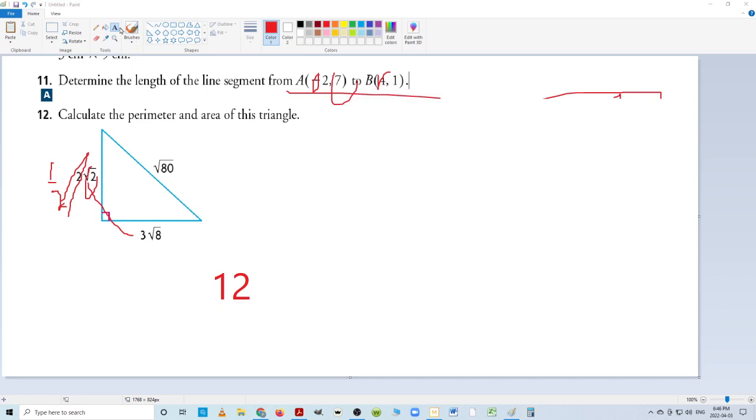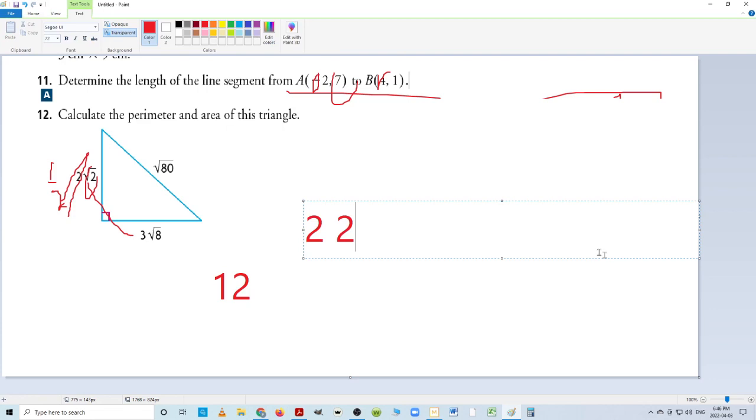And then the perimeter, you have to add them all up together. 2 plus square root of 2 is as simple as it gets, but 3 square root of 8 can become 6 square root of 2. And obviously we're going to look for ways of becoming square root of 2 with the 80.